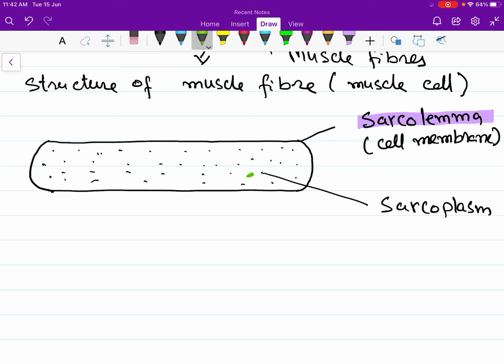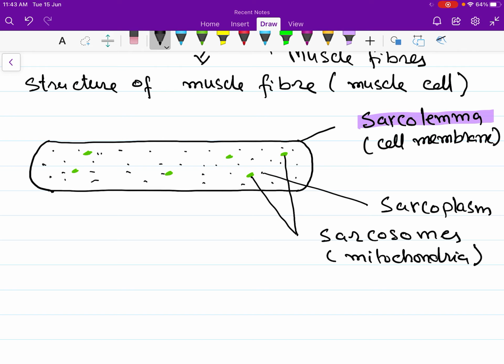Suppose these are the green mitochondria present within the sarcoplasm, and these are called sarcosomes. So sarcosomes are the mitochondria of muscle fibers.